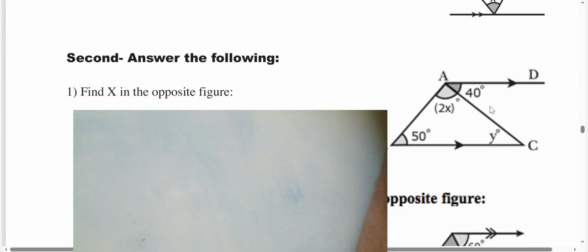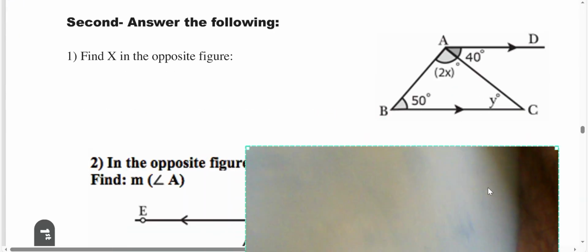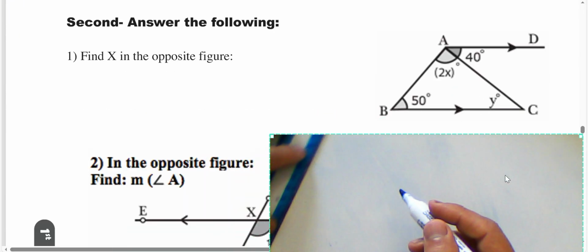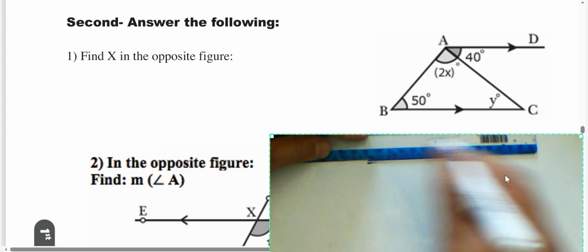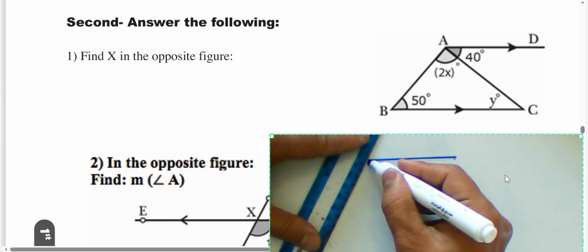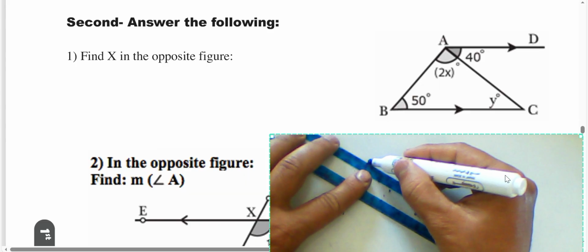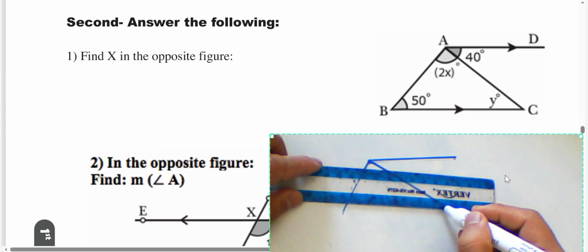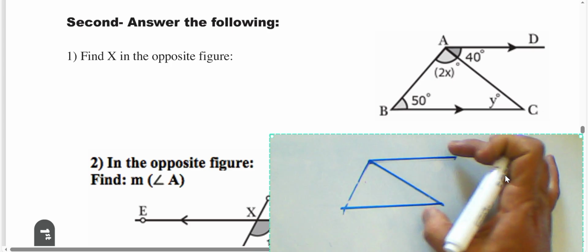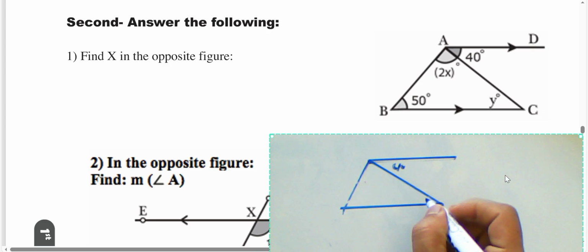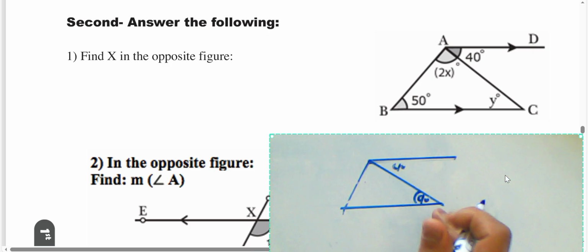Next example, we have a triangle, the sum of interior angles equals 180. You want to find the value of X, or the measure of angle X. First, in this triangle we have two parallel sides. This has angle 40, then angle Y will be 40 degrees, alternate angles.